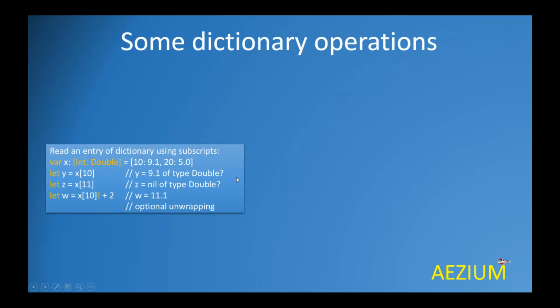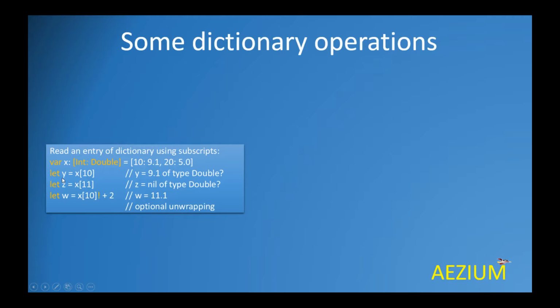We could also read, as opposed to write, the entries of a dictionary using subscripts. The way that can be done is very similar to the case of writing. So here we have a variable which is of type dictionary of int and double.